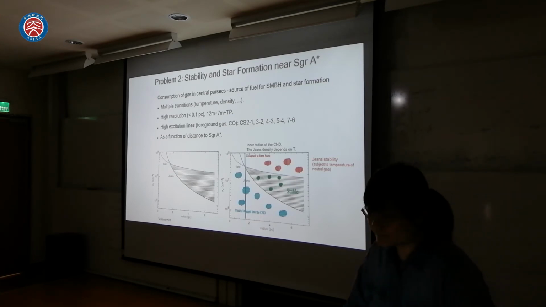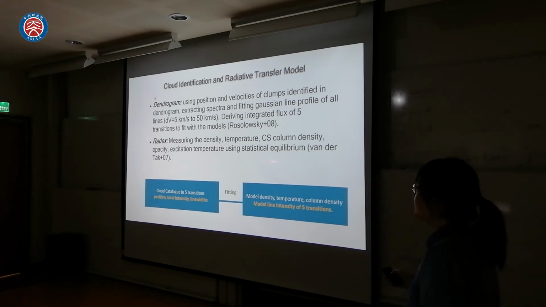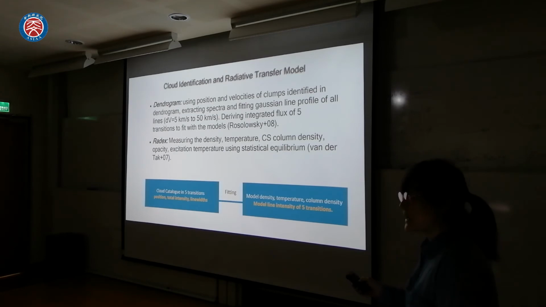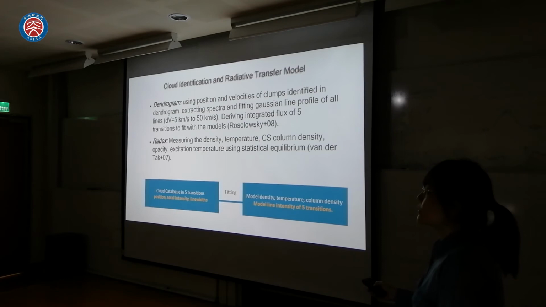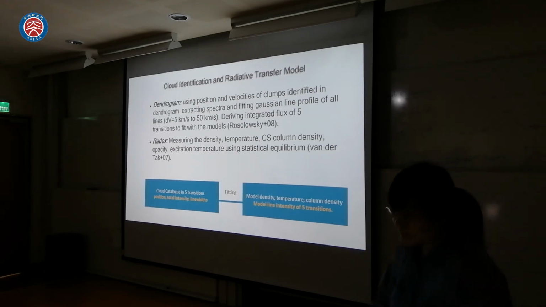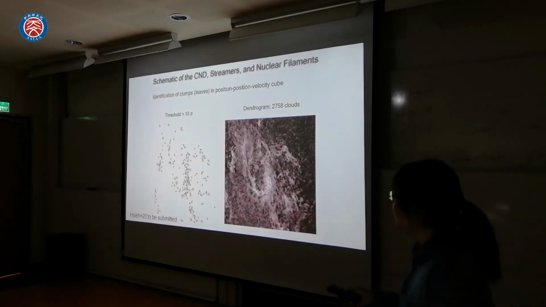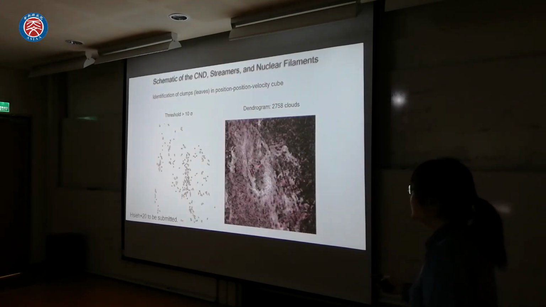So using the ALMA data, we would like to extract microclouds using a dendrogram. After we have a catalog of individual microclouds, we use a radiative transfer code to calculate the density and temperature of individual microclouds. The magenta ellipses are the microcloud cores identified by the dendrogram.